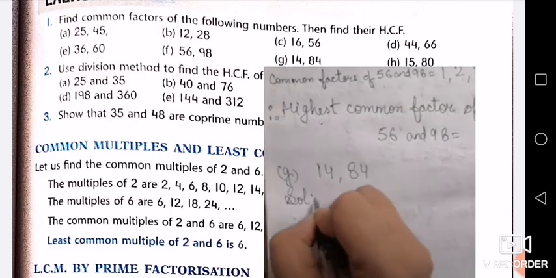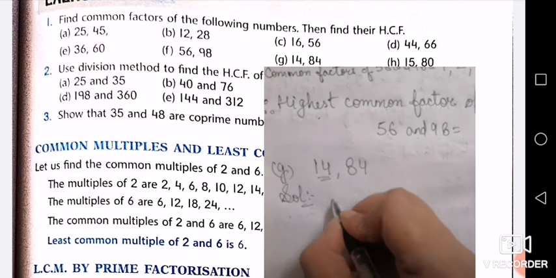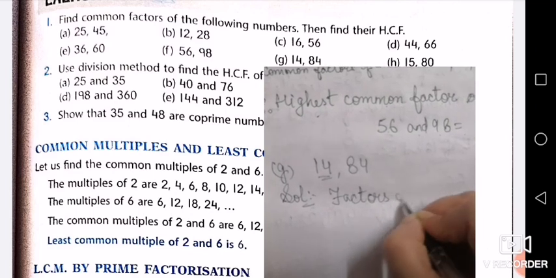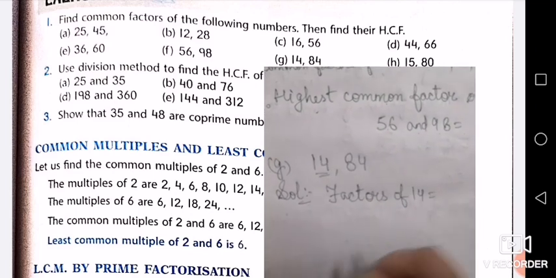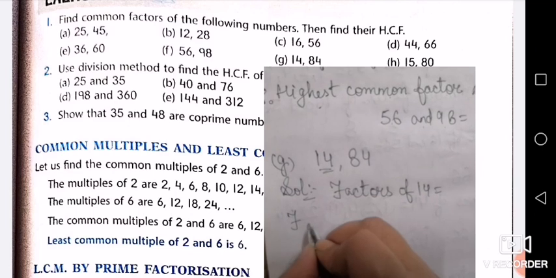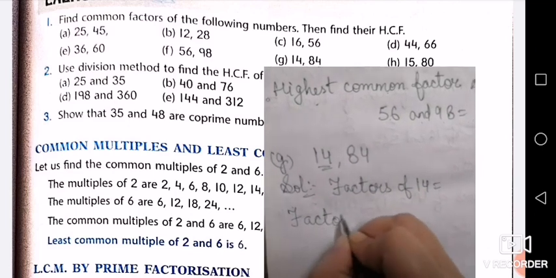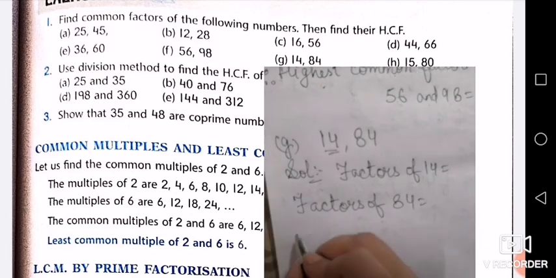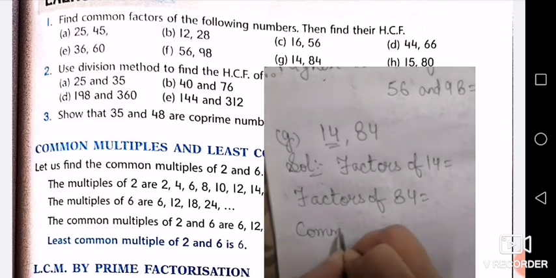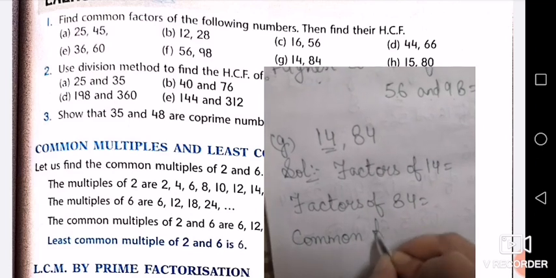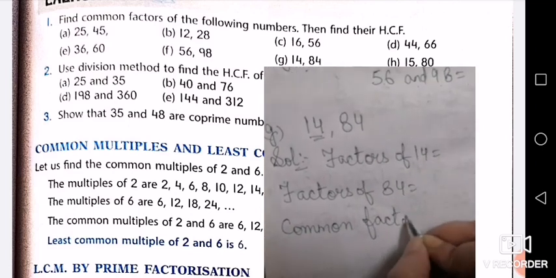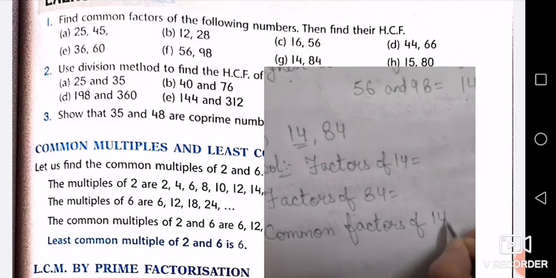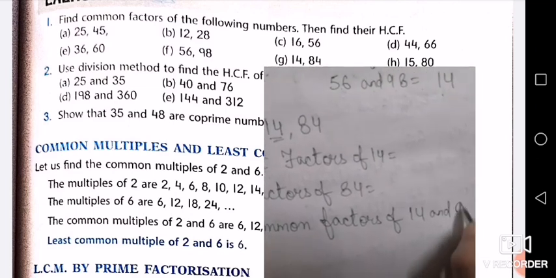First you will find the factors of 14, then the factors of the second number, that is 84, then the common factors of 14 and 84.